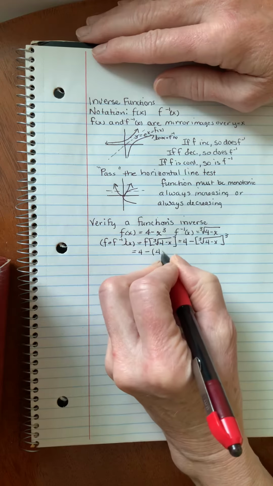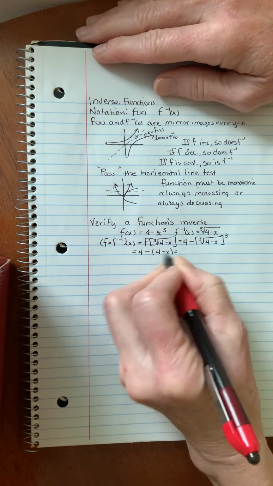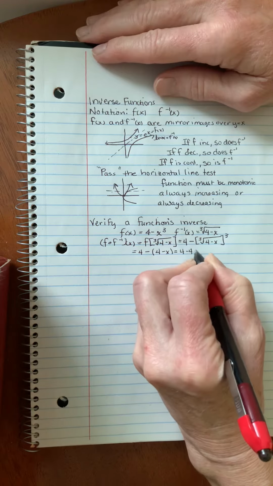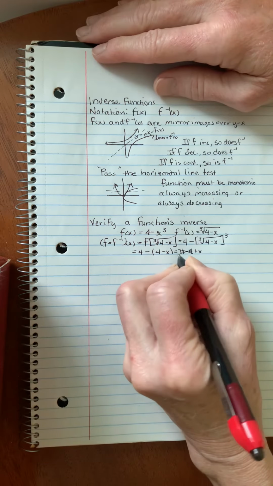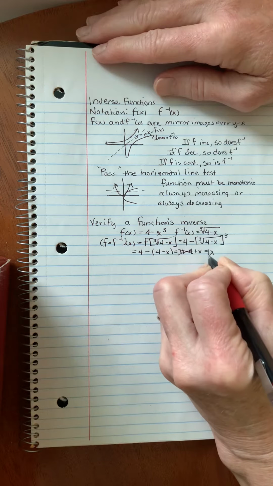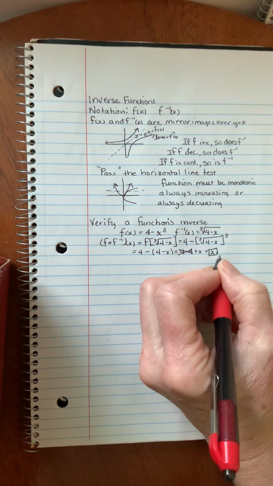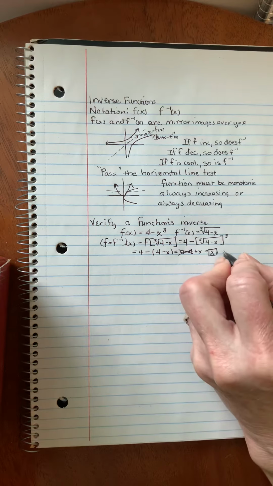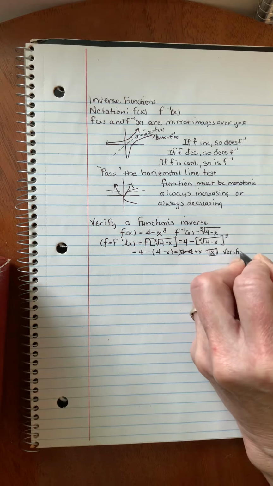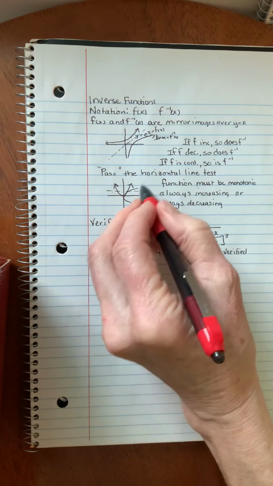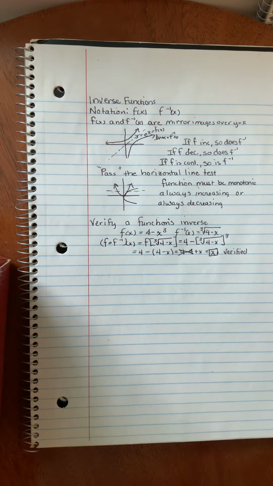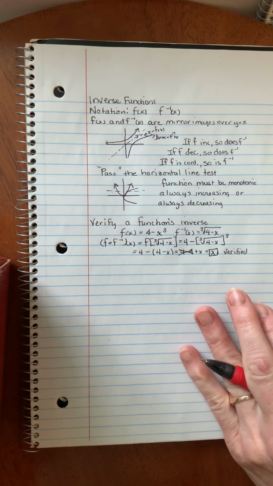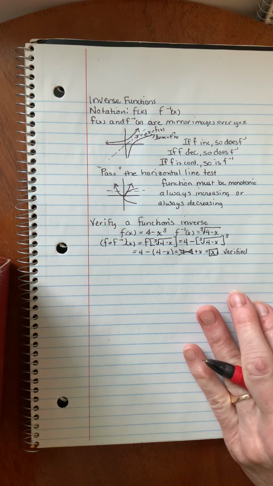So we've got 4 minus the quantity 4 minus x, and we end up with 4 minus 4 plus x. That drops out. We get x. Now, if you get x, then you have verified it. So that is verified. It's related to the line y equals x. All right? So that is how you verify, by taking the composition.